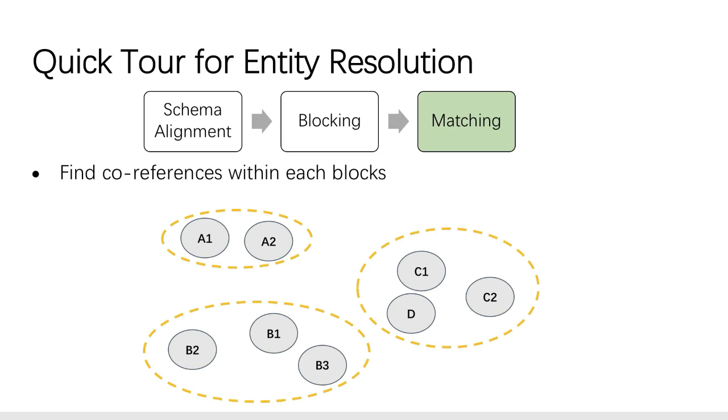The last step is the matching. Within each block, we use models to determine whether the tuples refer to the same objects. And the current state-of-the-art methods usually use deep learning models which integrate.